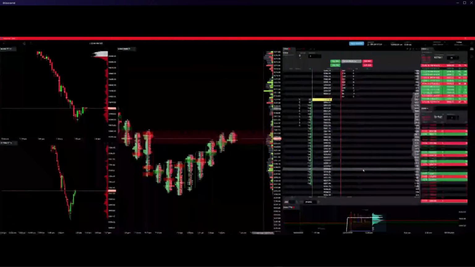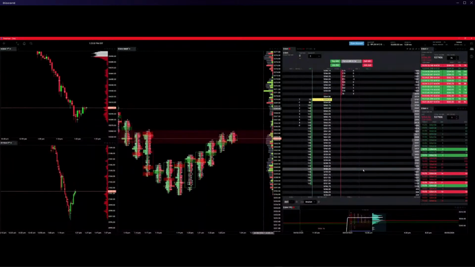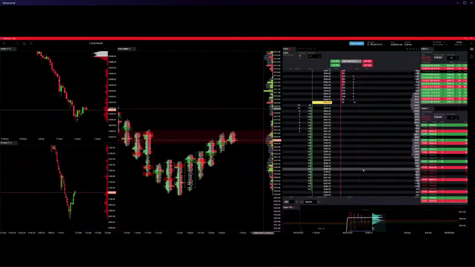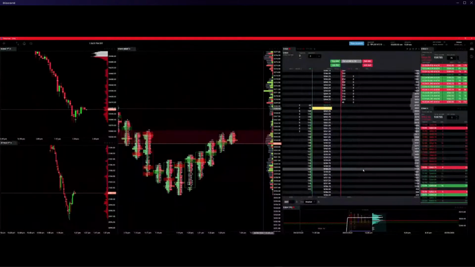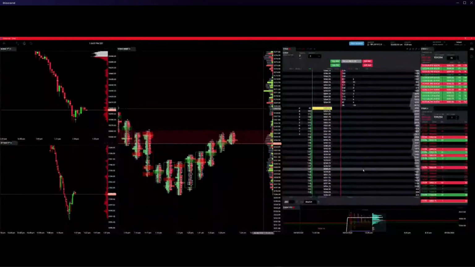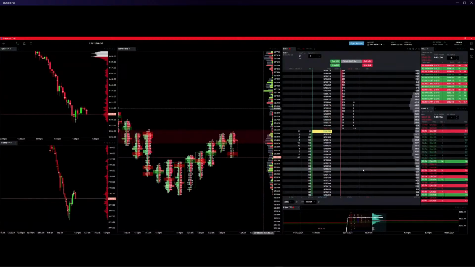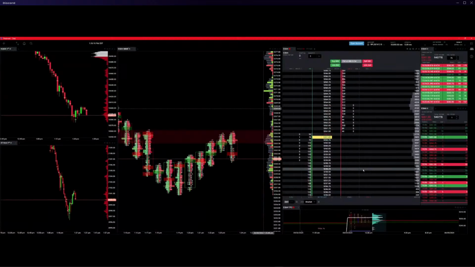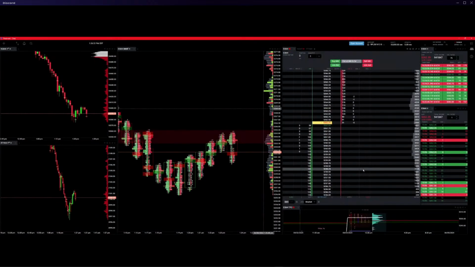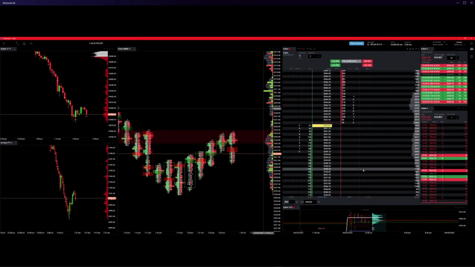I think so, and to add on to that, you have to remember that each node is its own auction, right? As we go into these higher time frames and start looking at weekly, and I post monthly profiles all the time, yes, your monthly value low, value high, and POC are still important.